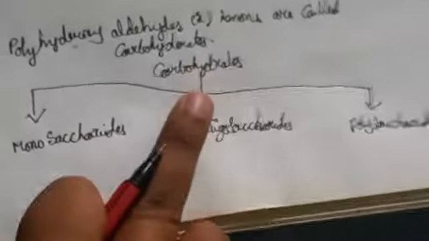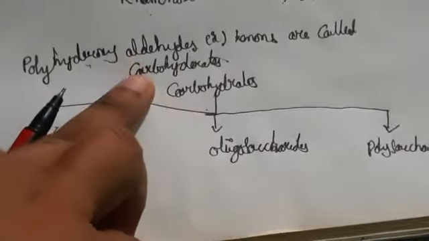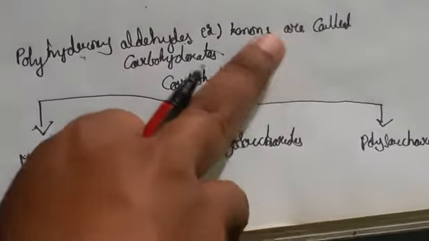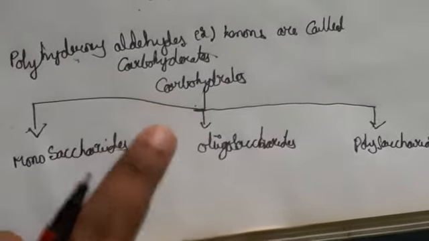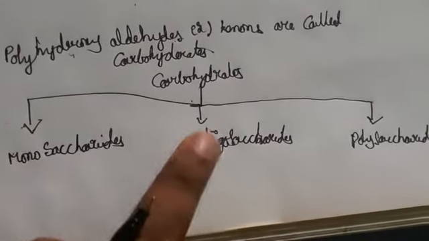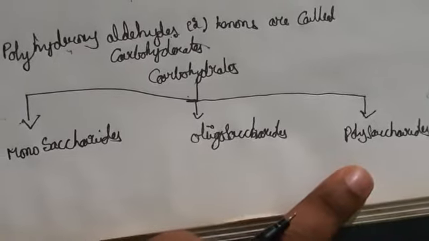See, what do you mean by carbohydrates? Polyhydroxyaldehydes or polyhydroxyketones we call carbohydrates. Carbohydrates are classified into three types: monosaccharides, oligosaccharides, and polysaccharides.